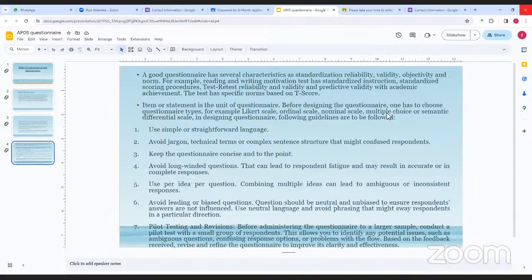So you have to check whether your questionnaire has good validity, and if the validity is there, then the questionnaire is validated with which criteria. That is also important. For example, in case of the reading and writing motivation, it is validated with academic achievement.